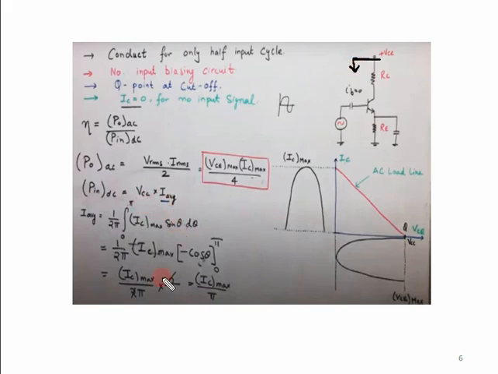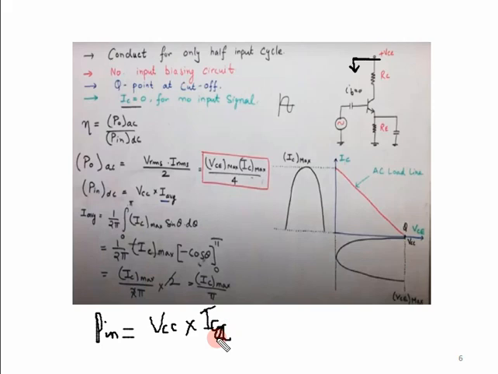By definition, Pin is equal to VCC times IC, but I put Q because we take only that current which is the operating current, and the Q point is your operating point. So we write this as ICQ.